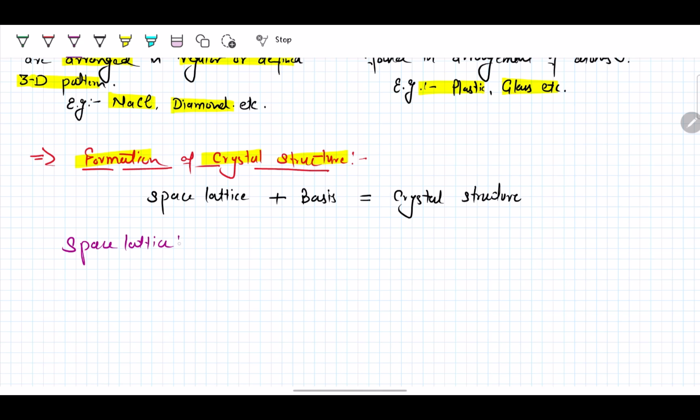A space lattice is an array of imaginary points in three-dimensional space in which each point possesses identical surroundings with respect to all other points.